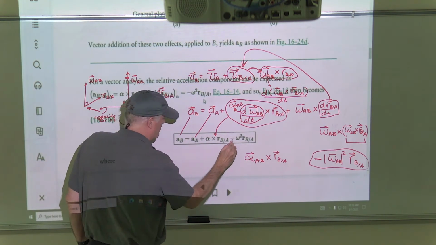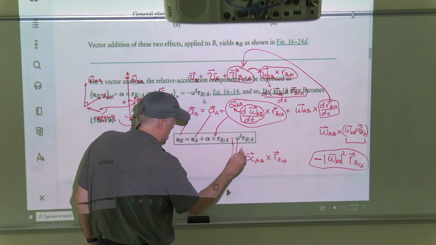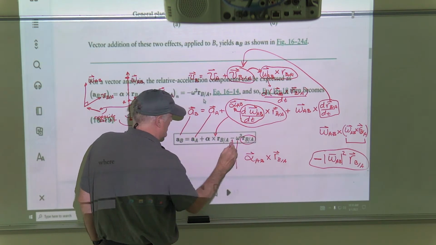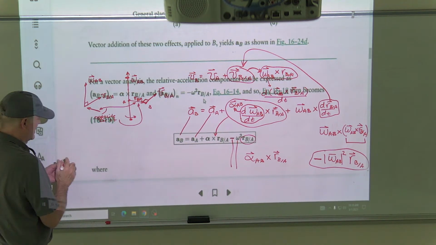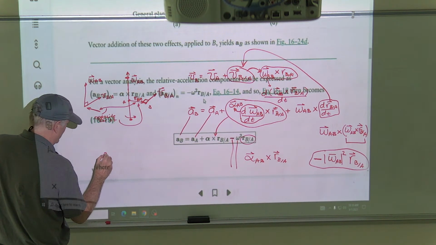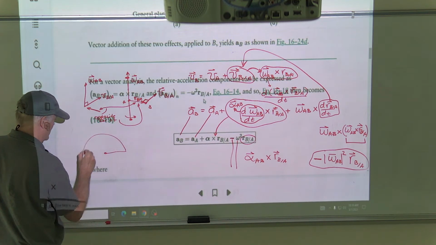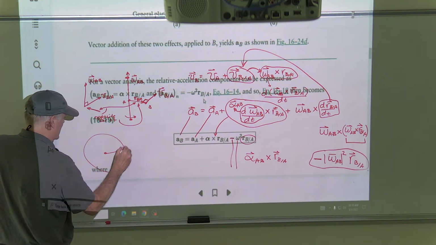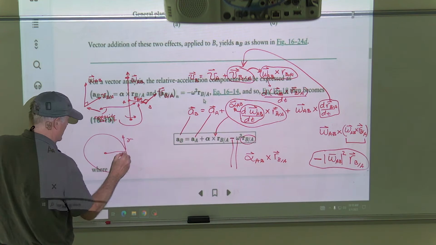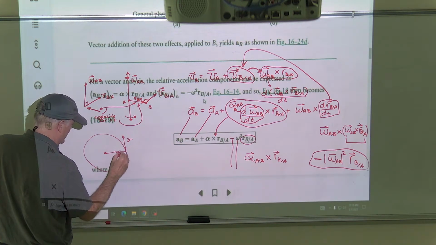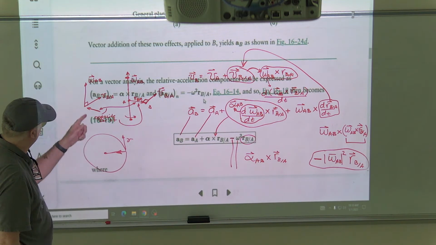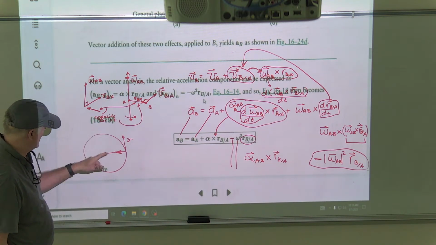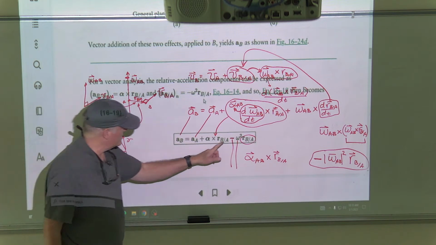And here's your minus omega squared, and this is the vector. This indicates it's going in the opposite direction. So that's like the centrifugal component. If a car is going in a circle, and you have a velocity out here, its centrifugal acceleration goes this way, the opposite direction, in towards, in this case, point A. So that's why this term exists right there.